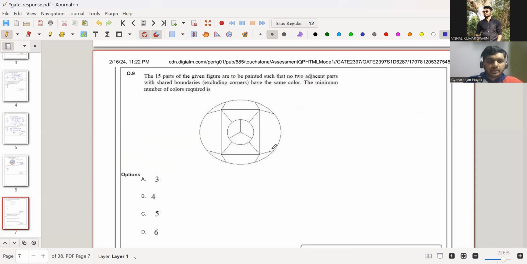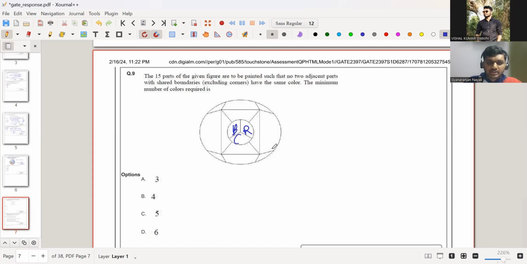Here, for number 9, the 15 parts of the given figure are to be painted such that no two adjacent parts with a shared boundary, excluding corners, have the same color. The minimum number of colors required is? So here we will find the minimum number of colors required so that adjacent sides cannot be the same color. Suppose you give this one red. Then you cannot give this shape red, so it is blue.